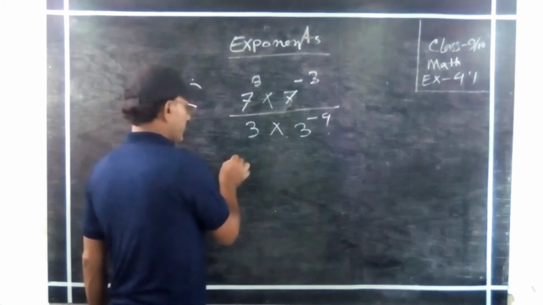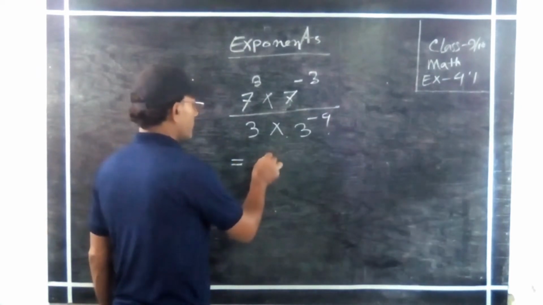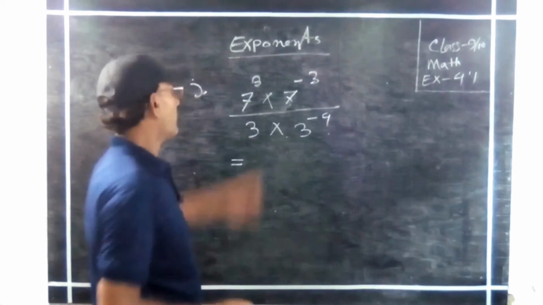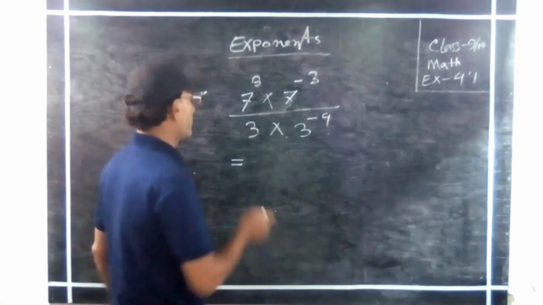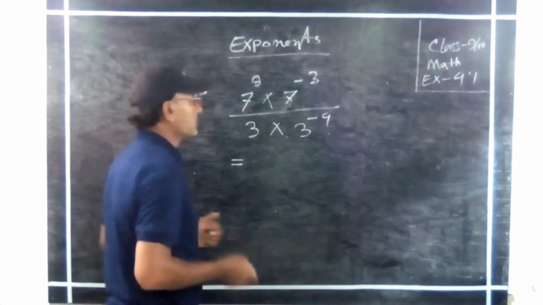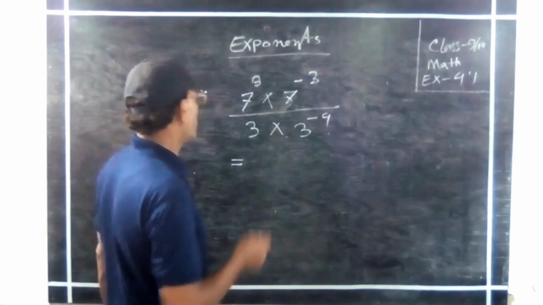We can write here, equal to, multiplying 7 into 7, so we will use here the exponent's law.